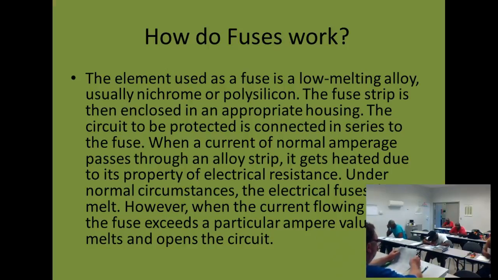Therefore, time delay fuses, I'd probably underline that, time delay fuses or circuit breakers should always be used for refrigeration or air conditioning systems. This will allow closer sizing of the fuse or circuit breaker to the running current of the unit for maximum protection.